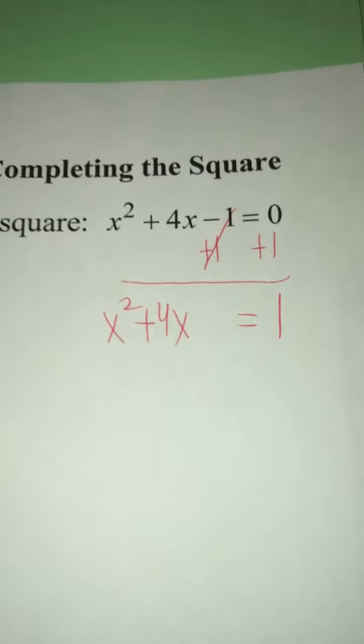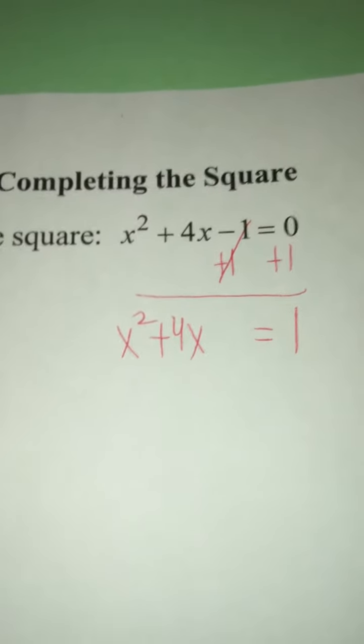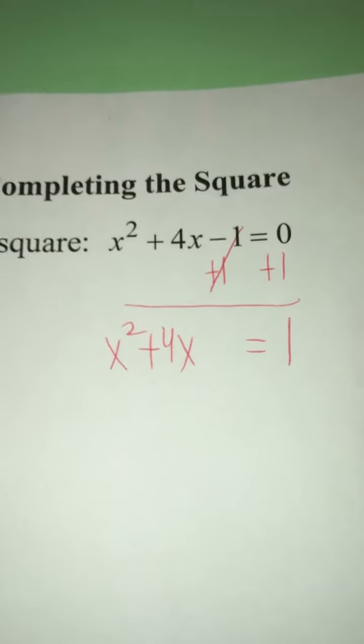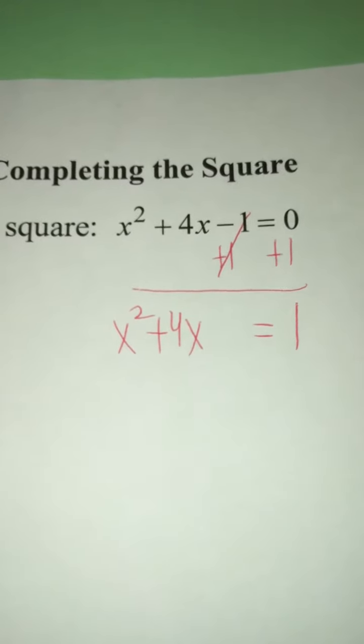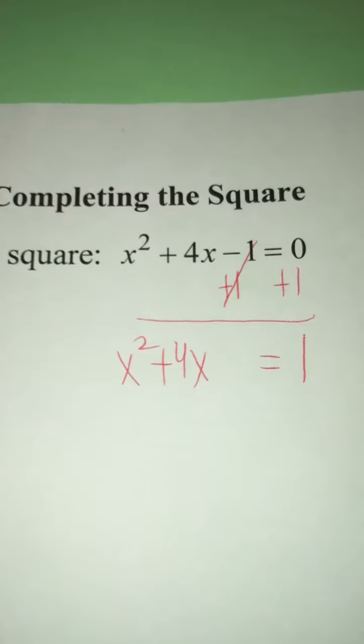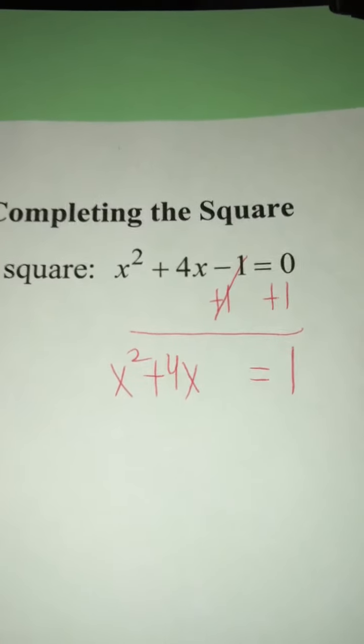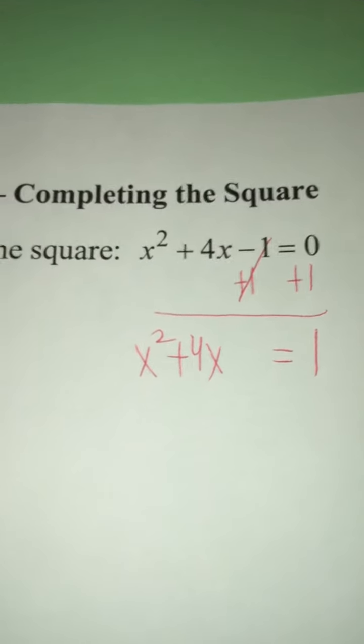Now, here's how to complete the square. You take half of the middle term. What is the middle term? Right, the middle term is 4. So half of 4 will give you 2. So you take half of the middle term, which is 2, and then square it.